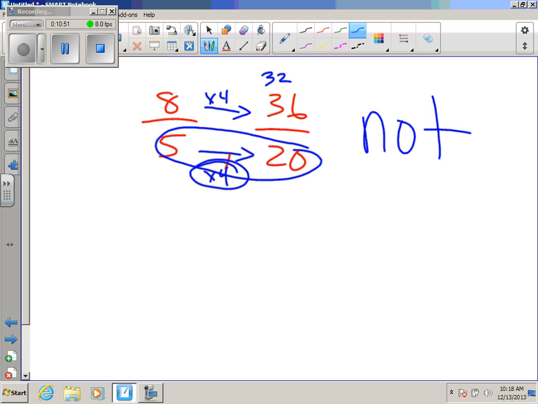All right? Let's take a look at page 280, numbers 1 through 8. 280, 1 through 8. Some exercises, some practice. Look at number 1. 1 over 2, is it proportional to 50 over 100?